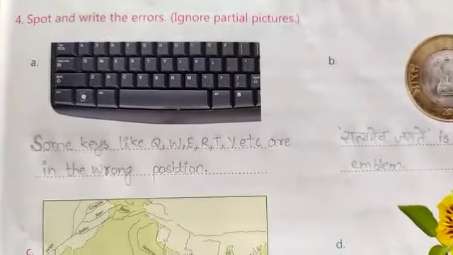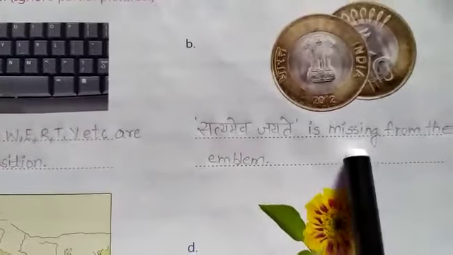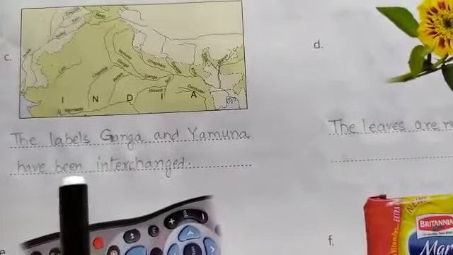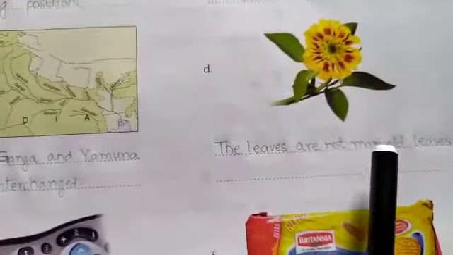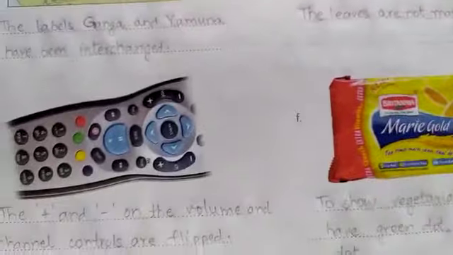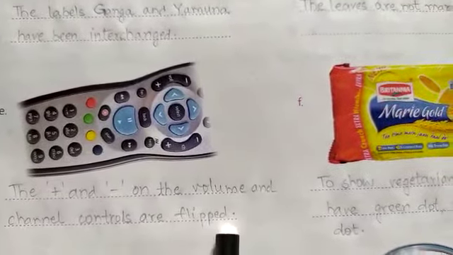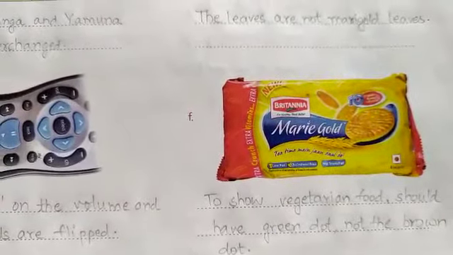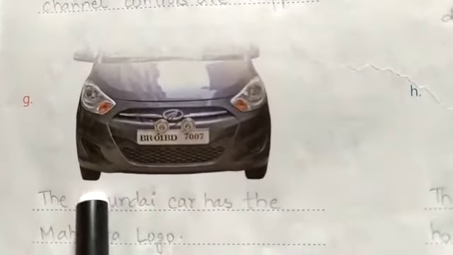These are the final answers which you can write for A part, for B part. Then here is the C1. This is the D part. E part. F part. G part.